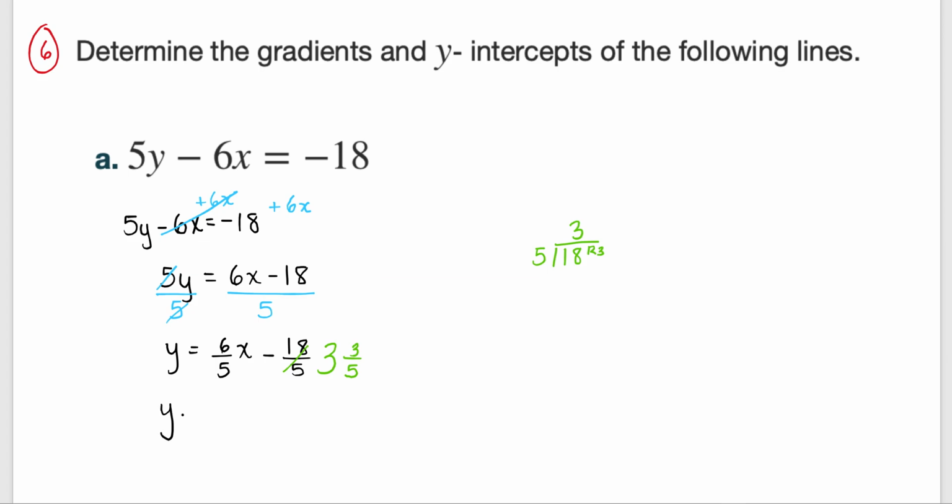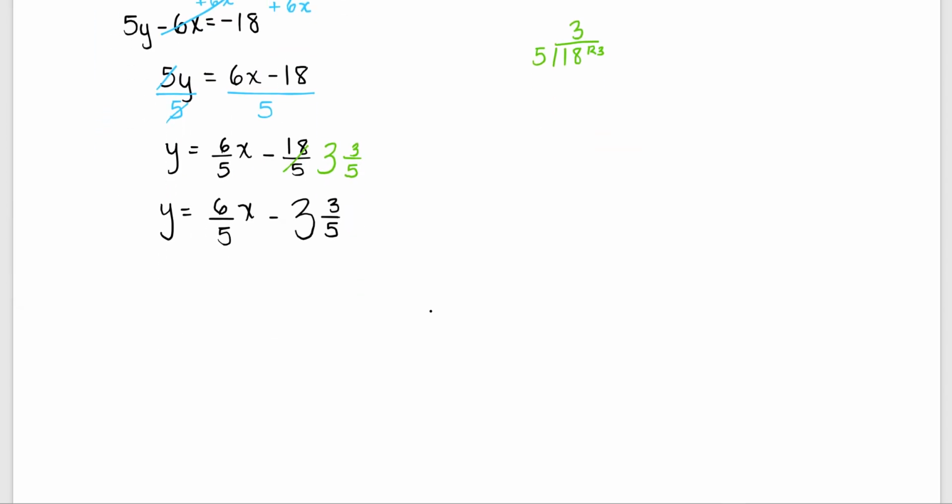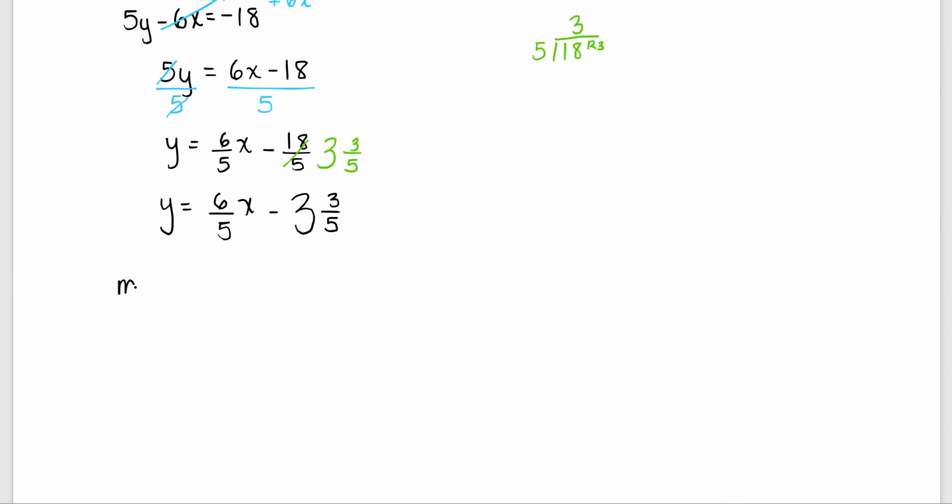So if I do that, I can establish that my gradient is 6 over 5, so it's positive, and my y-intercept is 0 and negative 3 and 3/5.